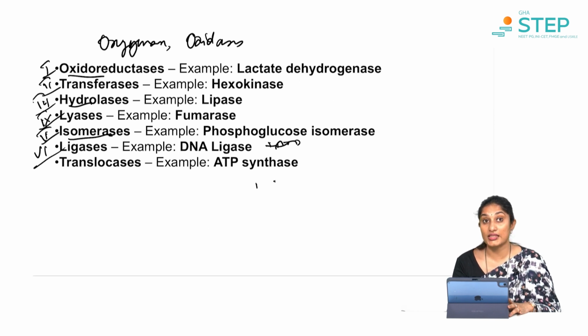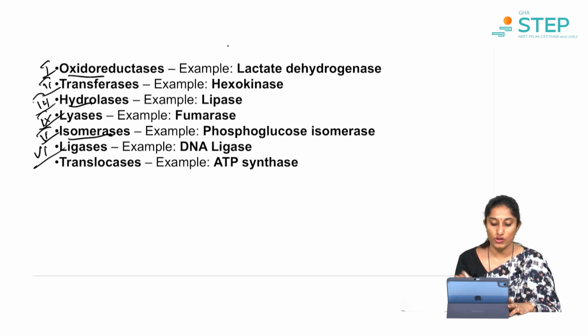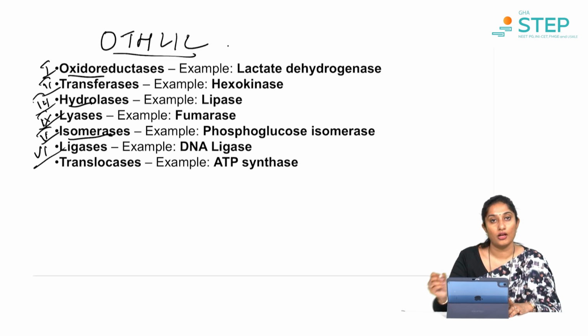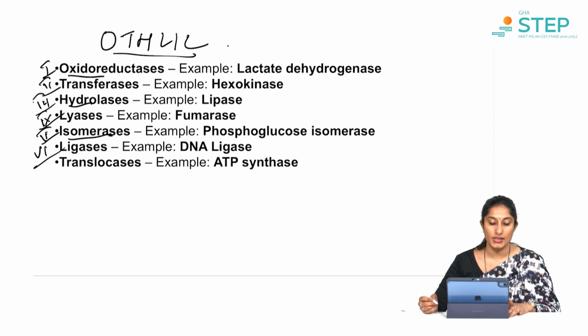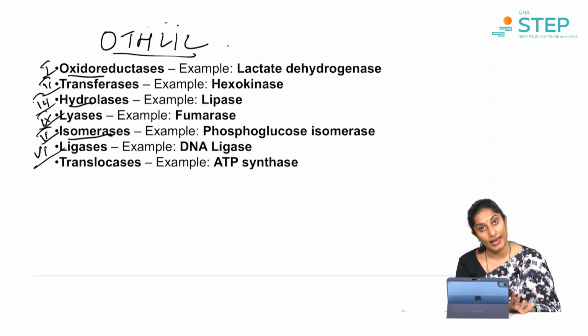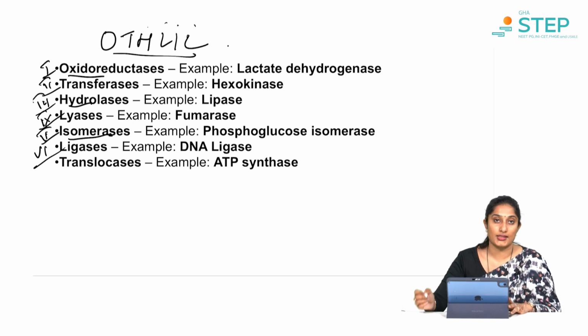Enzymes which read as synthetases, not synthase, also belong to class 6. We commonly use the mnemonic OTHLIL. O stands for oxidoreductase, T for transferase, H for hydrolase, L for lyases, I for isomerase, and the last is ligase, to bind. That's the 6th class.